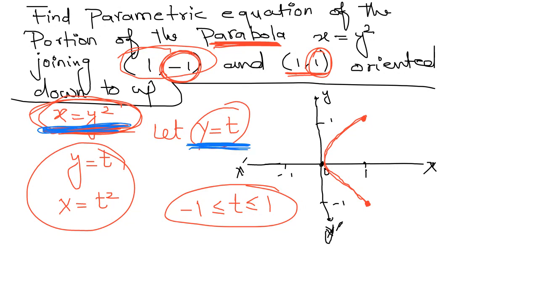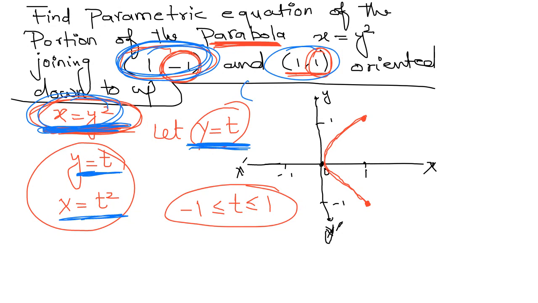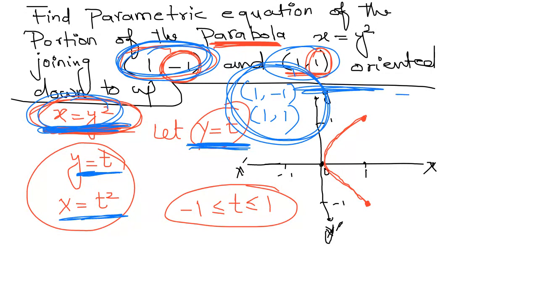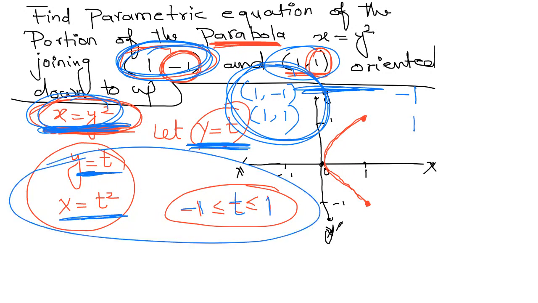This equation becomes x is equal to t square. Now in these 2 points, (1, minus 1) and (1, 1), what are the values of y? They are minus 1 and 1. So t should be between minus 1 and 1. That's it. So this is the parametric equation.